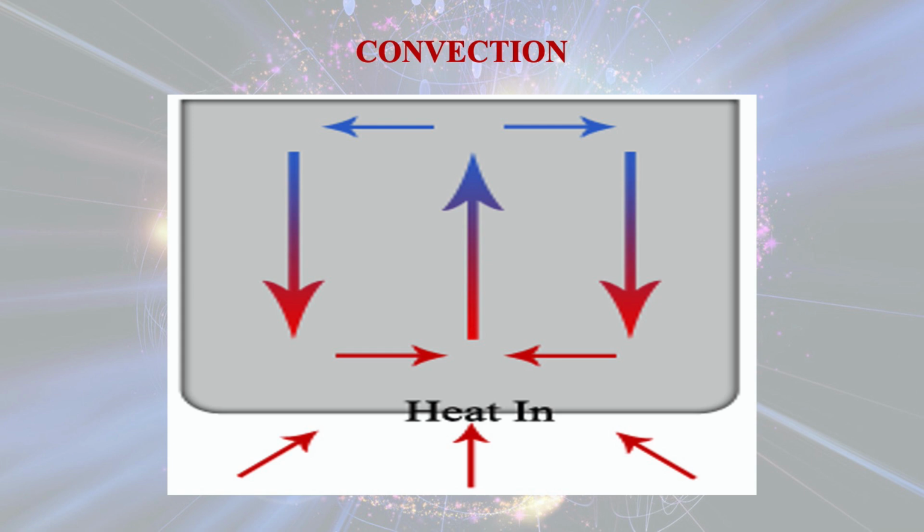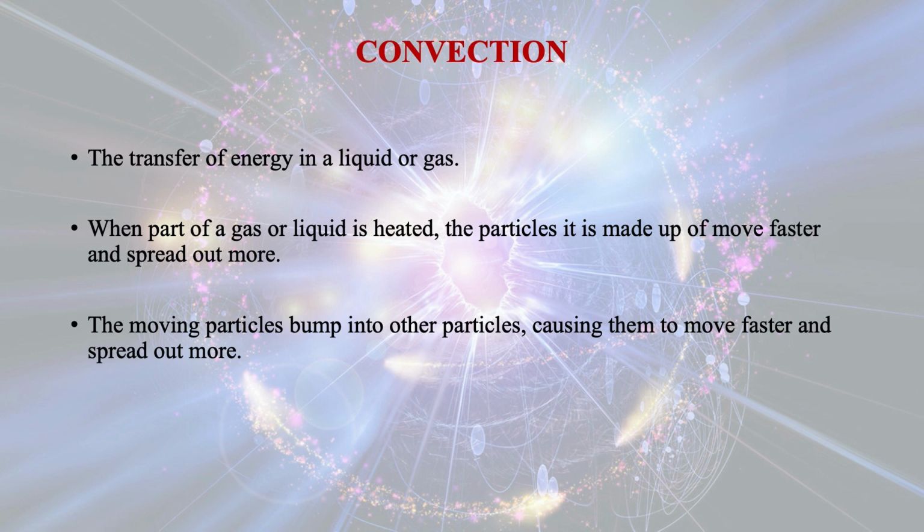So it is a continuous movement of less dense fluid at the bottom going up and the high density fluid from top to bottom. So this is the continuous process of convection heat transfer. Now, convection is the transfer of energy in a liquid or gas, so this process is only for liquid or gas.